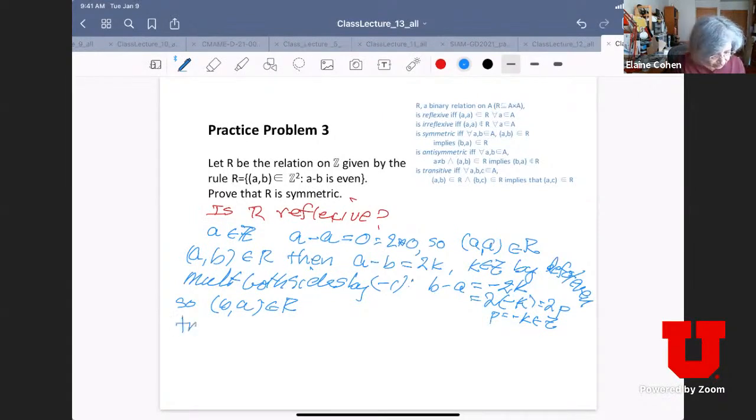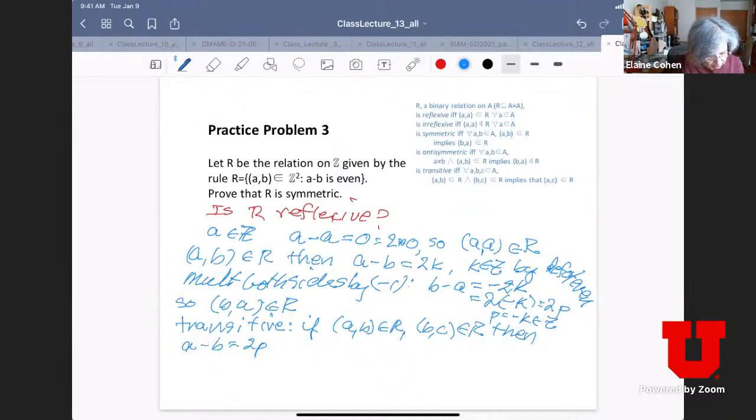Transitive. We'll prove a little more than we were asked. If (A, B) is in R and (B, C) is in R, then A minus B is equal to 2P and B minus C is equal to 2Q, with P and Q in Z. And that's by definition of even.